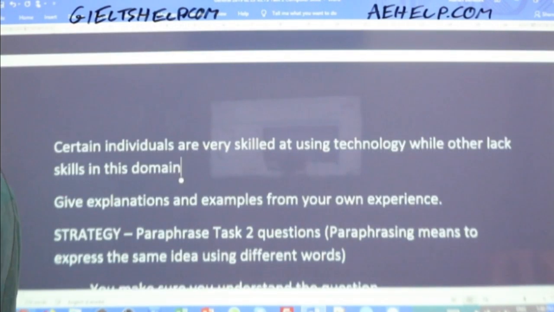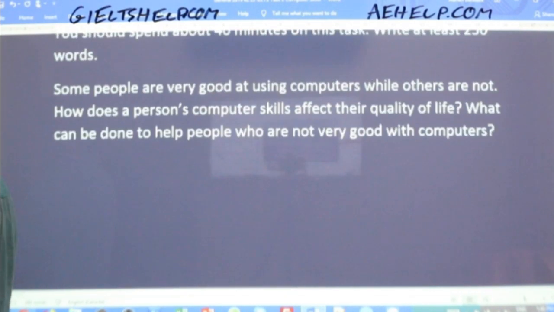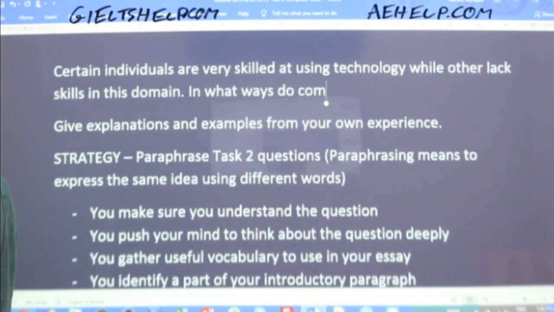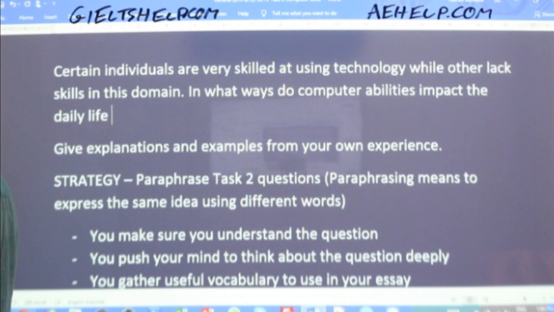And then, in what ways do computer skills or computer abilities impact the daily life of people?